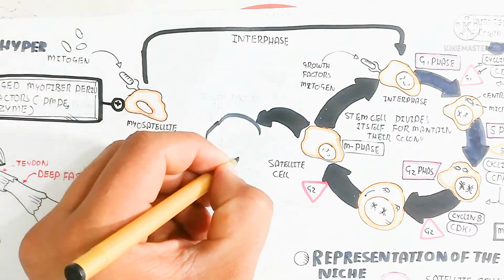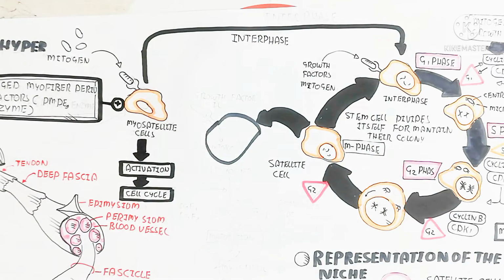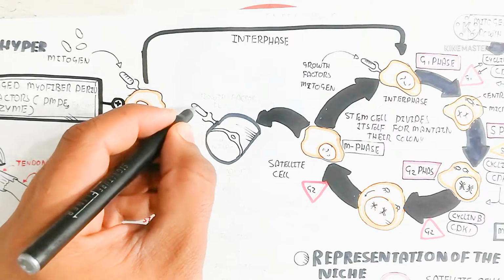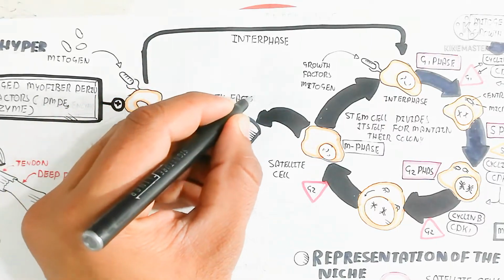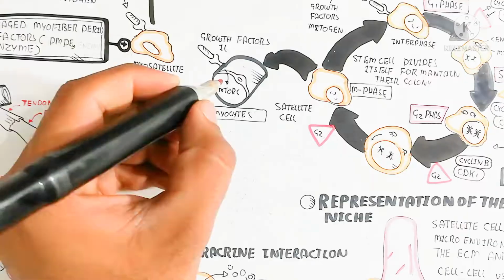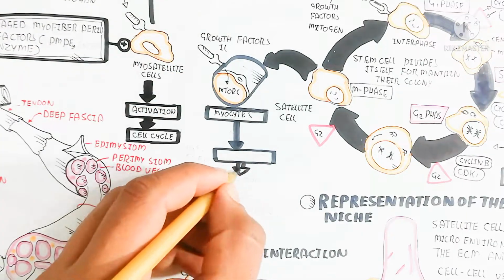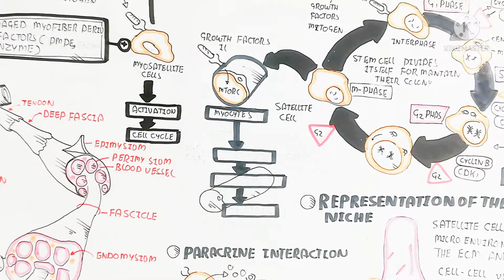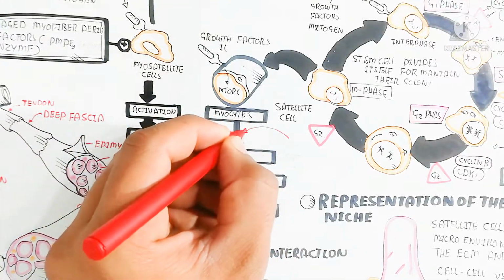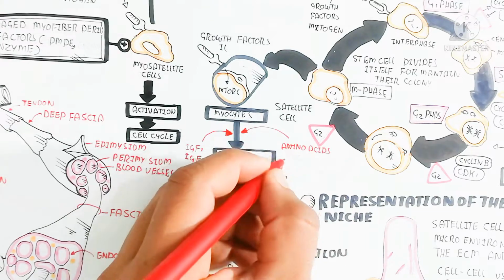Because of the growth factors, for example interleukin, insulin-like growth factor or other proliferative growth factors. When they bind to the satellite cell, the satellite cell will divide itself, as well as proliferate and mature to form myocytes.